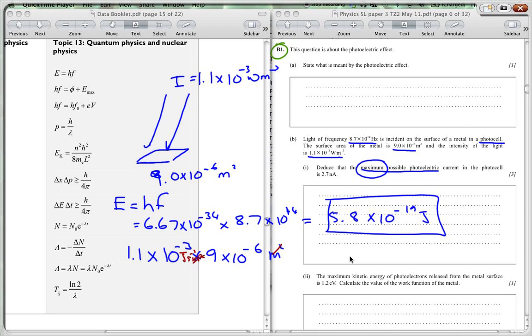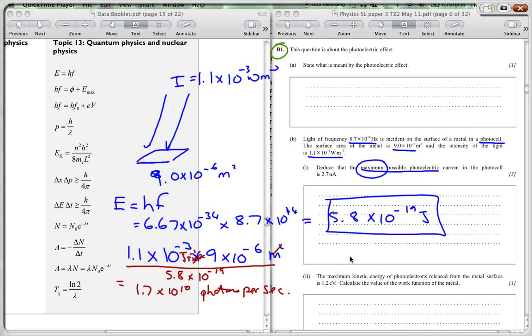I'm going to get an answer in joules per second. And if I divide by my 5.8 times 10 to the negative 19, which is the energy per photon, I will get a number of photons per second. I get something like 1.7 times 10 to the 10 photons per second.